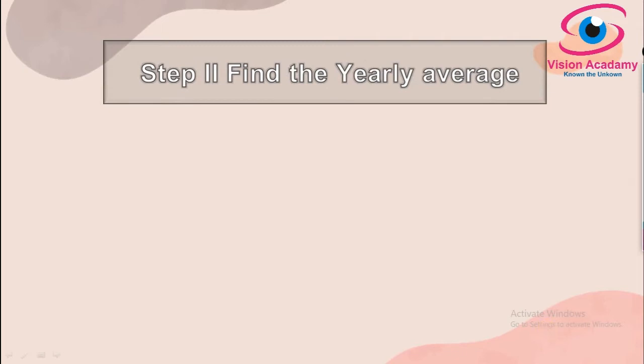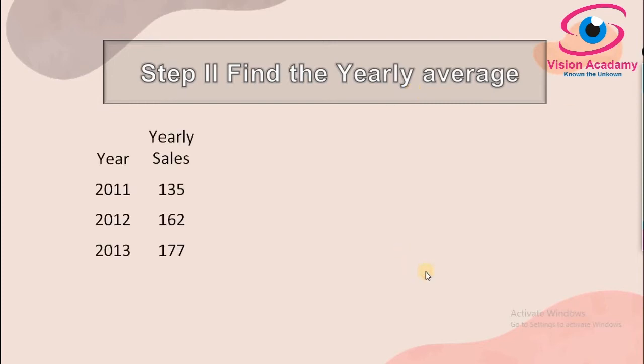Step number 2 is find the yearly average. Now we have to take an average of that yearly data. Yearly sales were added in the first step, so these are added over the 4 quarters, which means 135 divided by 4, 162 divided by 4 and 177 divided by 4.